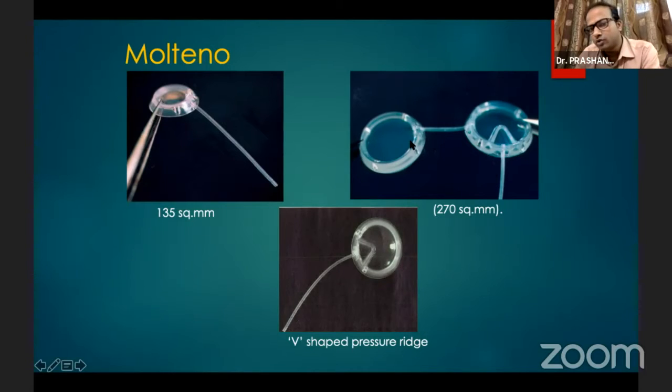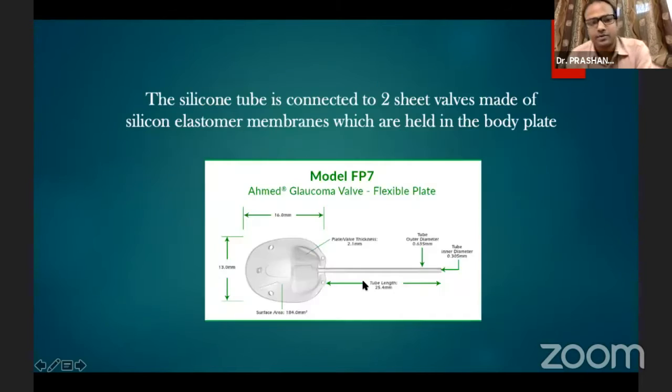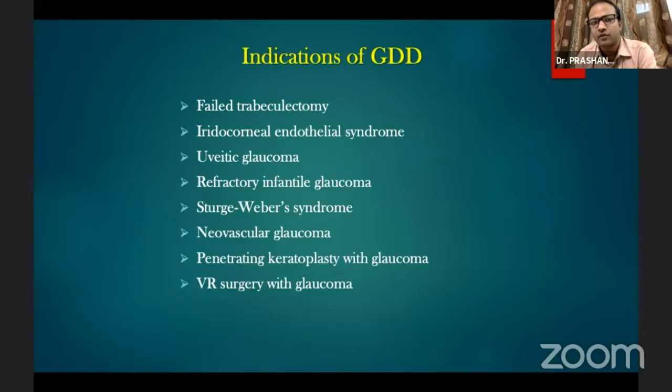There can be a two-plate implant also, and a V-shaped pressure ridge implant also. The implant used by us mostly is the Ahmed valve implant. The FP7 implant is mostly used in adults. It has a base plate and a tube, and the base plate has a valve with silicone elastomer which collapses when the pressure is low, and thus prevents the outflow of fluid.